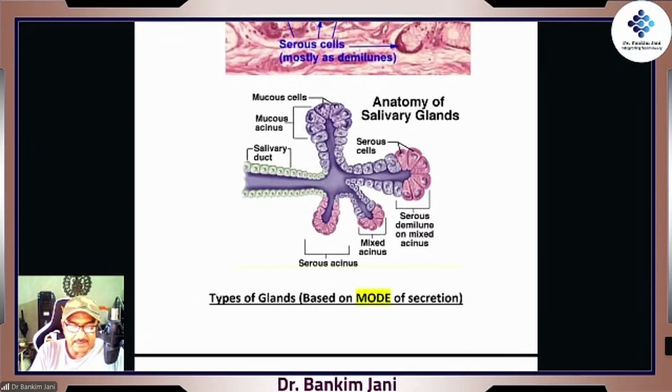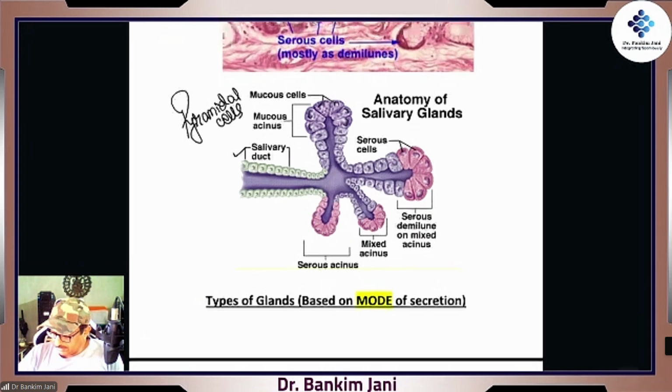So these mucus cells, the mucus acini, are pyramidal cells, and the lumen is big. That's a salivary duct, a common duct. And these are the serous cells in which the nuclei are pushed towards the base. Serous demilunes on a mixed acinus, and that's how this is formed.